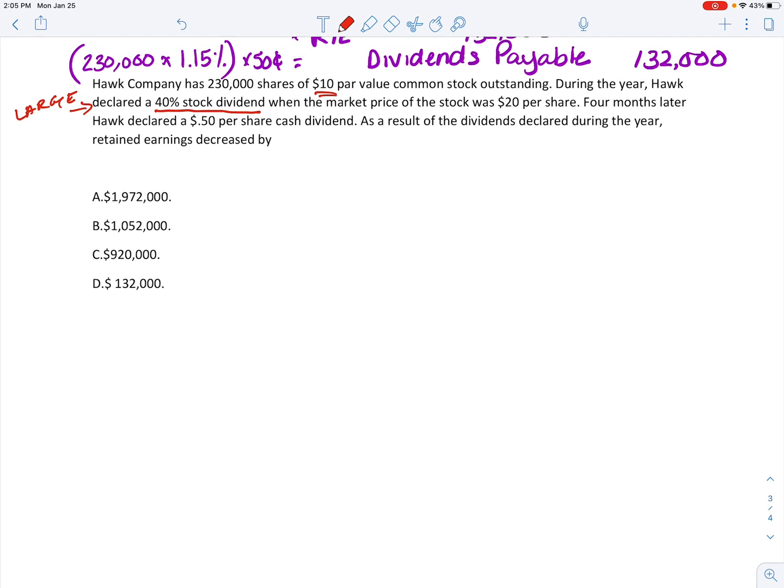So I'm going to record my large stock dividend. I'm going to debit my retained earnings. I'm going to credit that common stock dividend distributable. And that's going to be for $920,000.